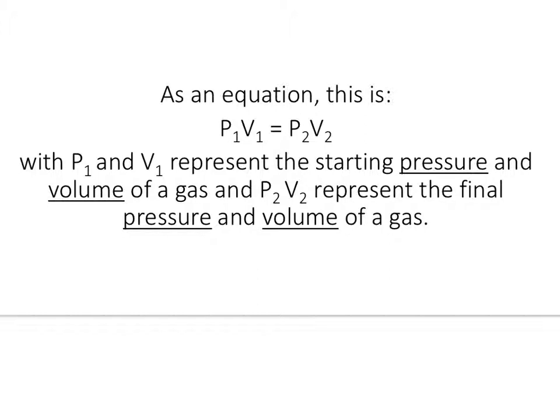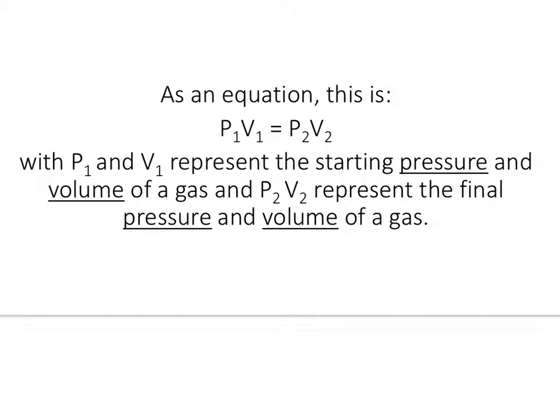So just make sure that typically the types of problems you're about to see will be, we have a pressure and volume here. We change the pressure, what's our volume? Or we change our volume, what's our pressure? Just make sure that your pressures and volumes are matched up with basically the sequence of the problem.